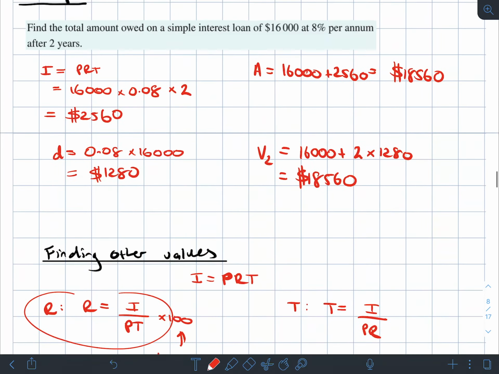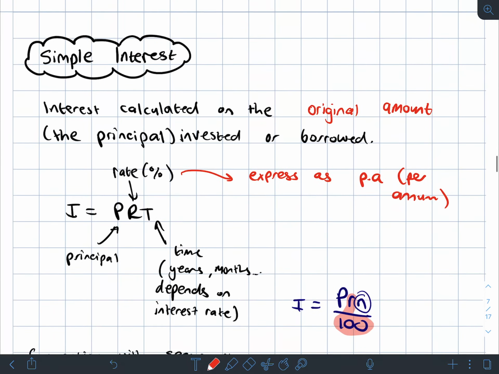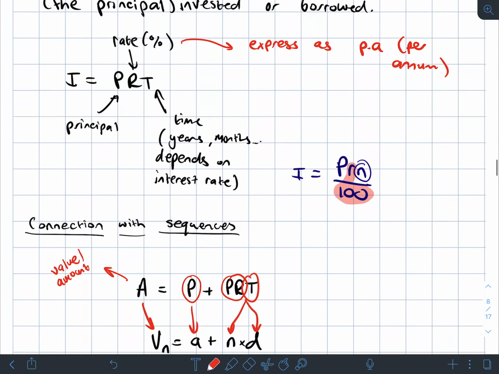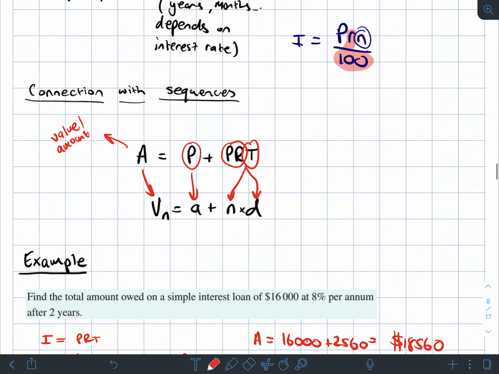All right, so just a quick summary. Simple interest, we've seen it before. It's just interest calculated on the original amount as a percentage of that original amount and then added on. We express the interest rate usually as per annum, but you may need to change it to per month or per day depending on when we're calculating the interest. Then we connected it with sequences.